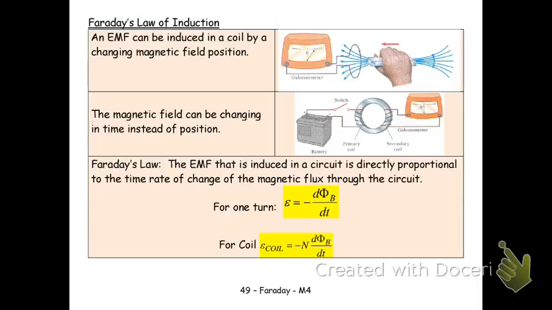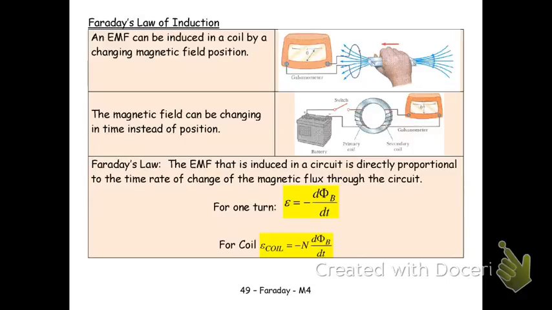If I was to turn the magnet around so that rather than moving a north pole towards the coil, I move the south pole towards the coil, I would get the opposite effect. So if it deflected to the right for the north, it would deflect to the left for the south. If I send a magnet north pole in and it goes to the right, when I pull the north pole out, it goes to the left.